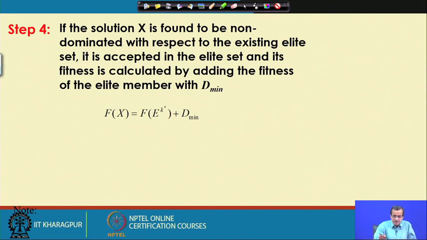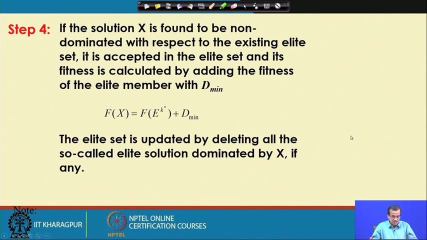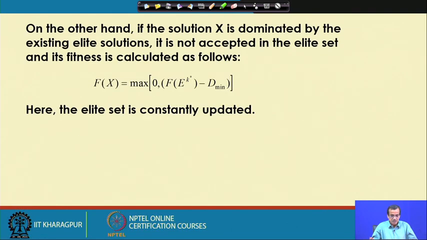Now, on the other hand, if this particular solution is not selected, let us see what happens. If the solution x is dominated by the existing elite solution, that means it is not accepted in the non-dominated set or the elite set, then how do we calculate the fitness? f(x) is nothing but the maximum between 0 and f(e_k star) minus d minimum.